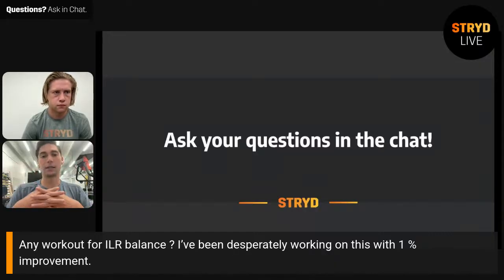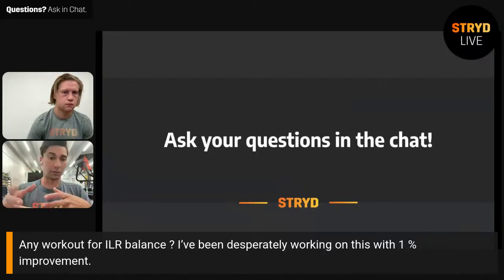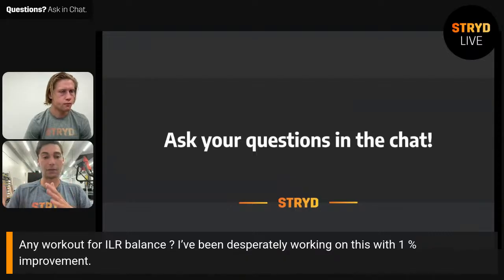That being said, back to the idea of an experiment of one, everyone's different. Some people might favor the right side a little bit more in impact loading rate, but that doesn't necessarily mean that they need to get to 50-50. Sometimes if you're natural and healthy and running well and your impact loading rate is say 52-48, but you're feeling great, no injuries, that's just the way you run.